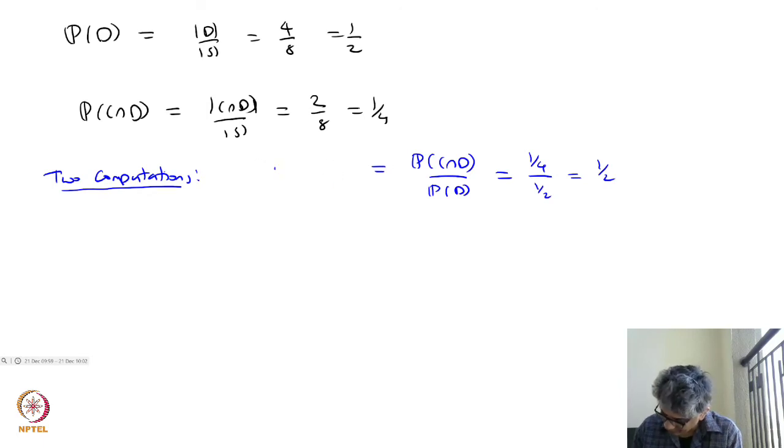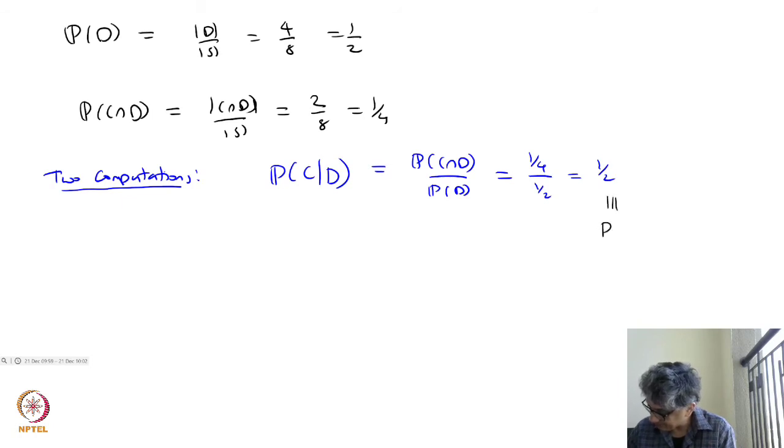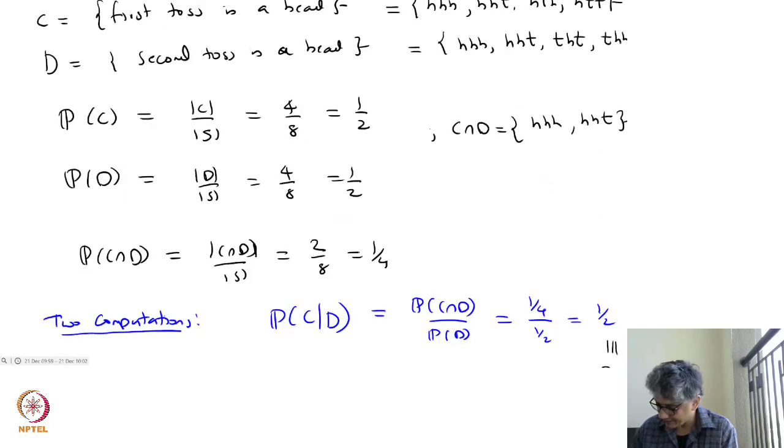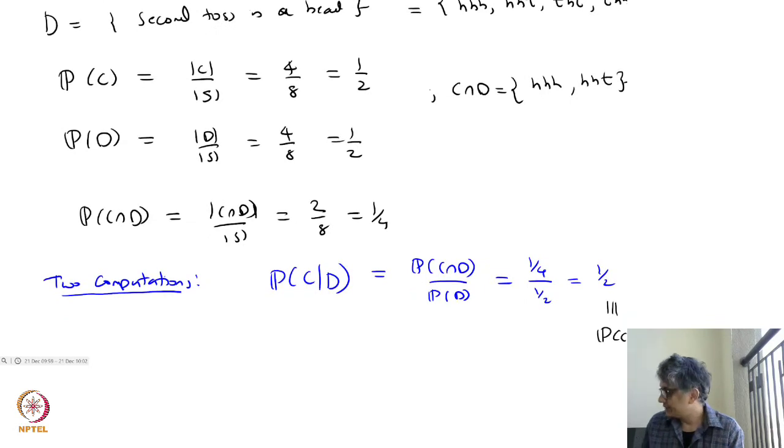So what we've shown is probability of C given D is also a half, and that's the same as probability of C. So the occurrence of D doesn't seem to affect the occurrence of C at all.